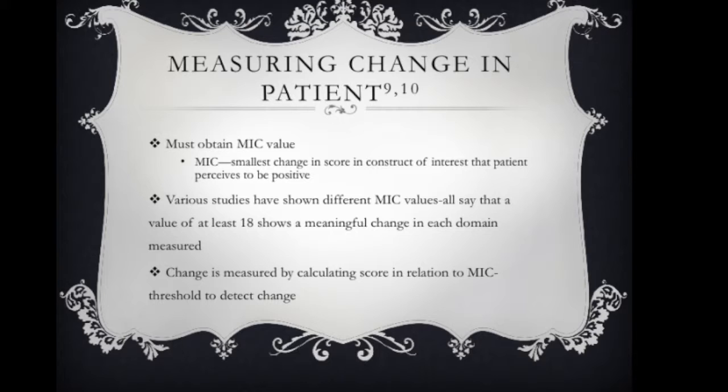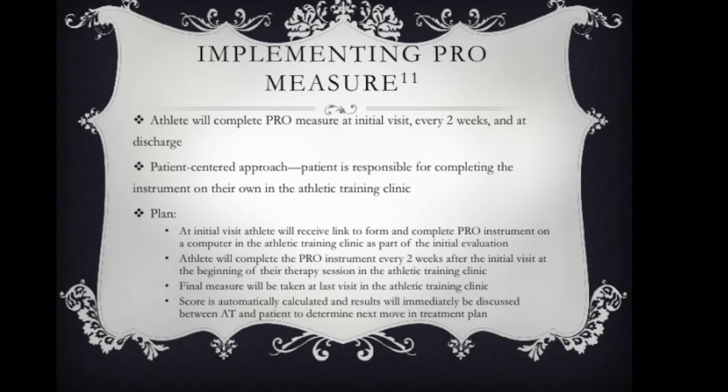That is basically the threshold for change that we look for once we compare scores from one assessment to the other. If they have met that threshold, we can see that there's been a significant change, whether it has been positive or negative. And that gives us an insight into how the interventions are impacting my athlete.